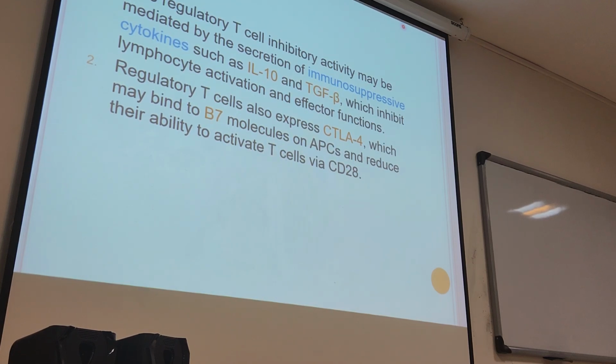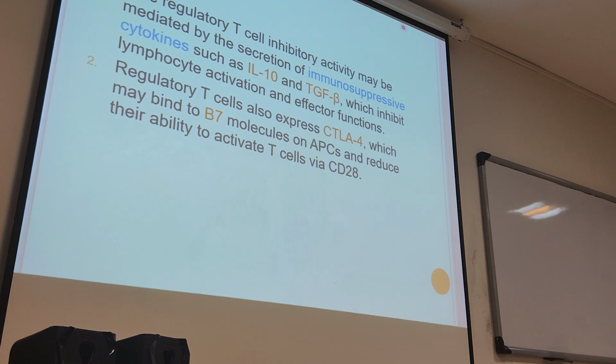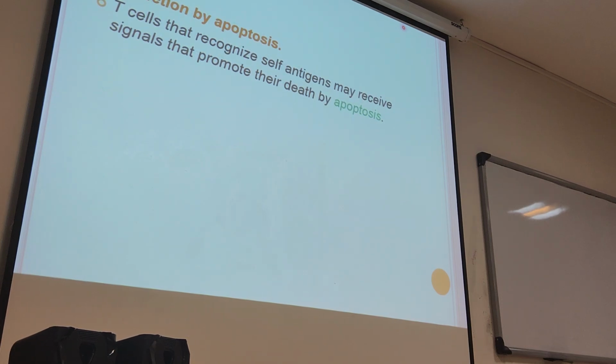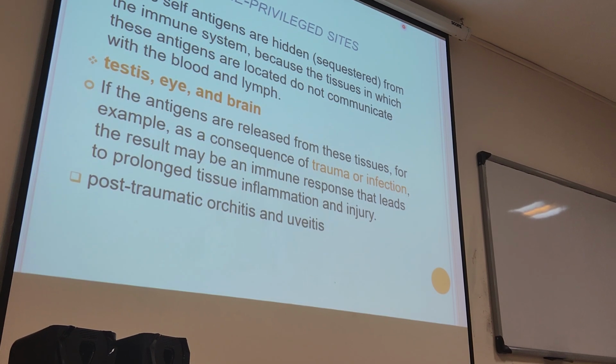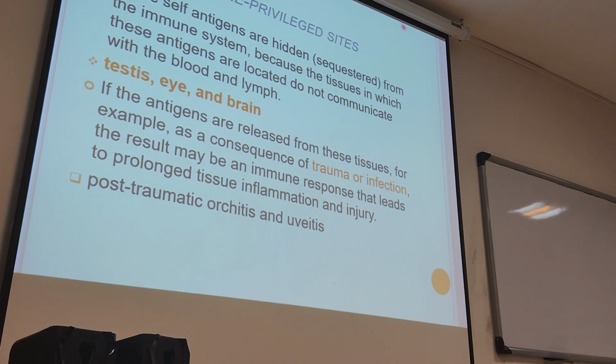Sometimes, the inactivation of the immune system is by cytokines, for example interleukin-10 or TGF-beta, which are anti-inflammatory cytokines. And sometimes they undergo apoptosis. So I told you that we have introduction of self-antigens by APCs in the thymus, and for B cells, in the bone marrow.